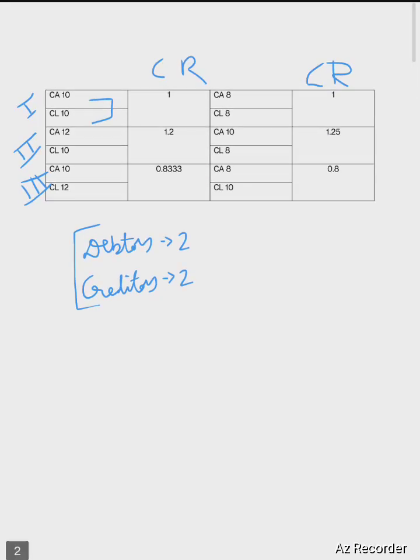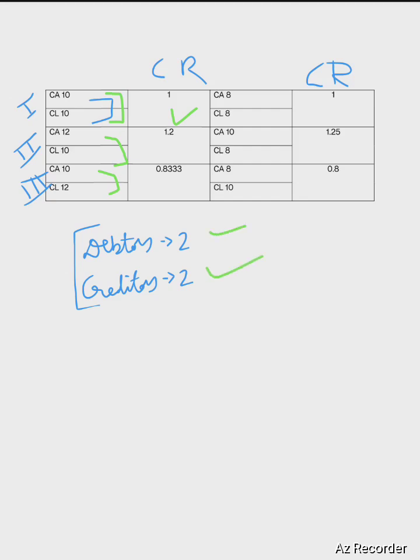So let's understand it by taking a real example. I have taken these 3 scenarios, wherein in the first scenario your current assets and liabilities are equal. In the second scenario, your current asset is more than the current liability, and in the third one current asset is less than your current liability. So here the current ratio is 1, and let's assume that your debtor is 2 and your creditor is also 2.